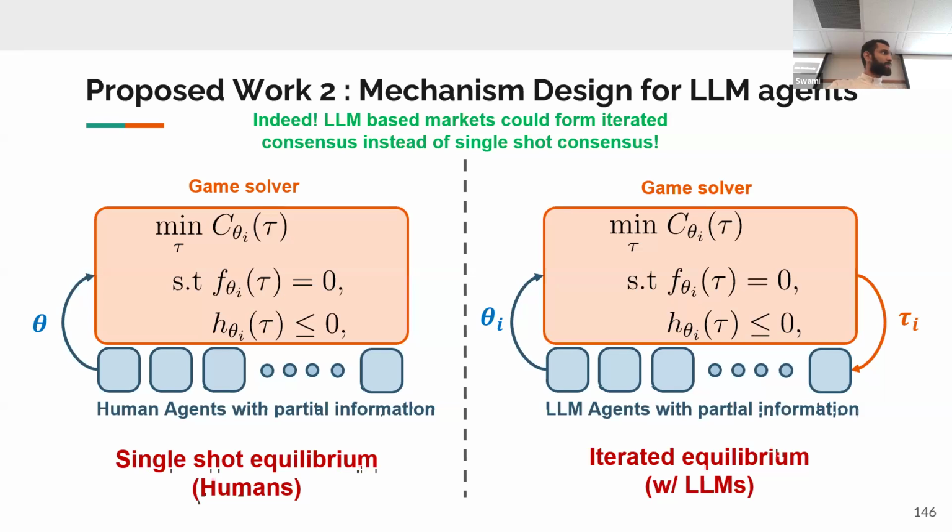The challenge here is that the assumption of equilibrium remaining static is somewhat not true in a lot of cases, especially as the distribution of preferences changes quite drastically. And those are the cases where these iterated equilibria would be useful.